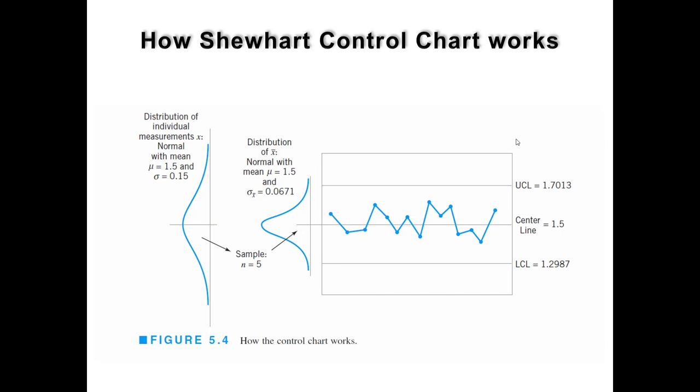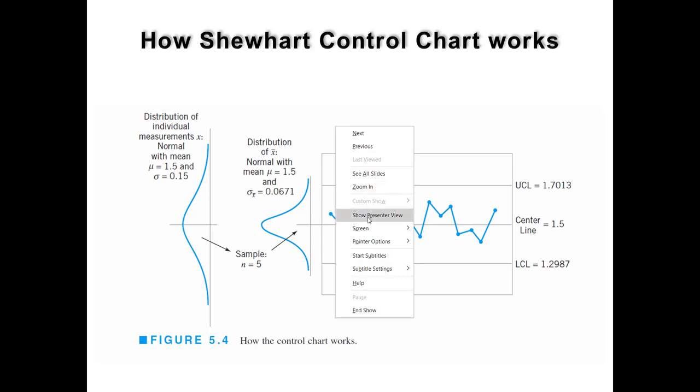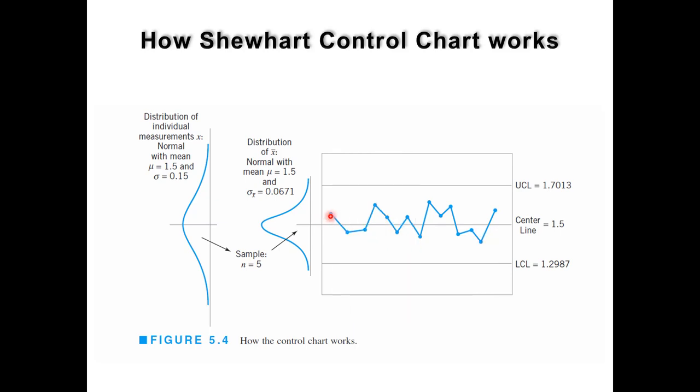If you look at how the Shewhart control chart works, as we explained just now, every point that we have on the control chart is a value of a sample mean, because at each point you select a sample and compute the mean value. So what you plot on this chart are the mean values.